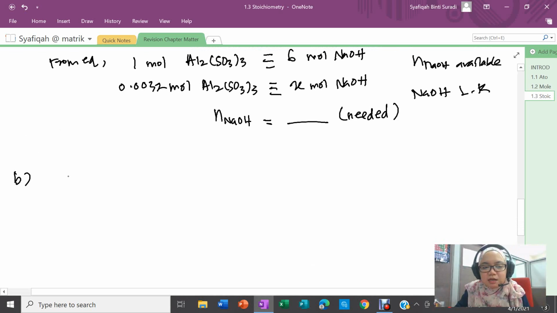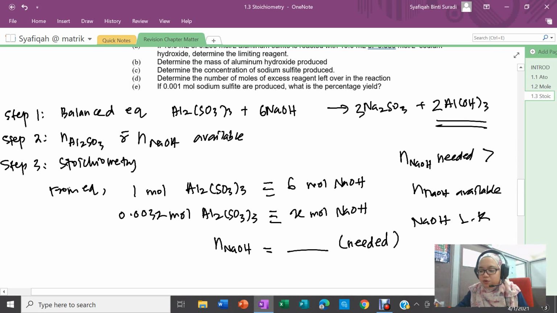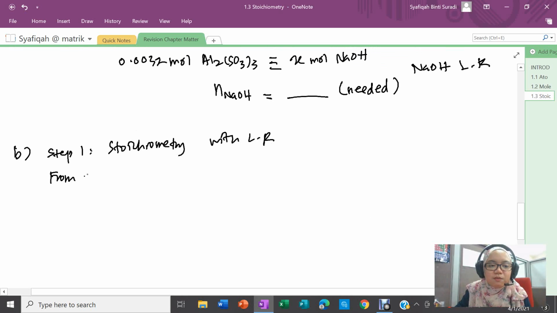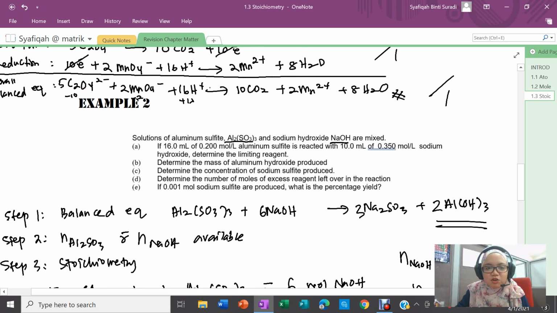Soalan B dia tanya, dia kata apa? Mass of aluminium hydroxide produced. Macam mana nak buat? Okay. Step 1. Stoichiometry. Dengan siapa? With limiting reactant. Okay, contohnya from equation, berapa? 6 mole kan?